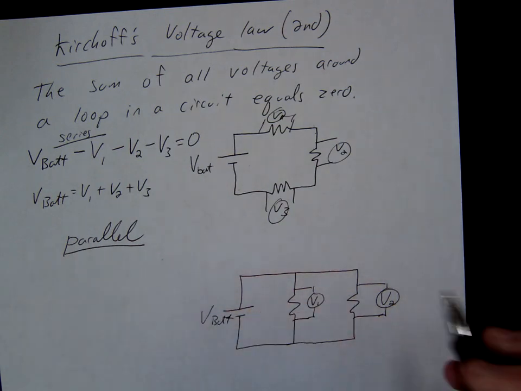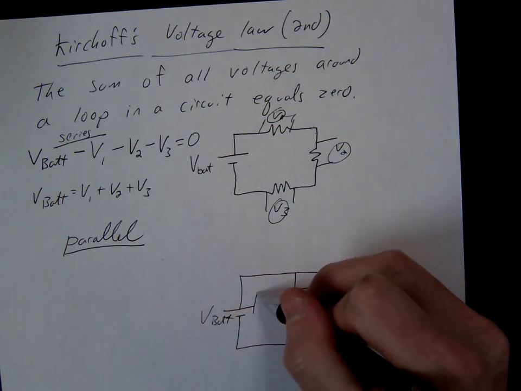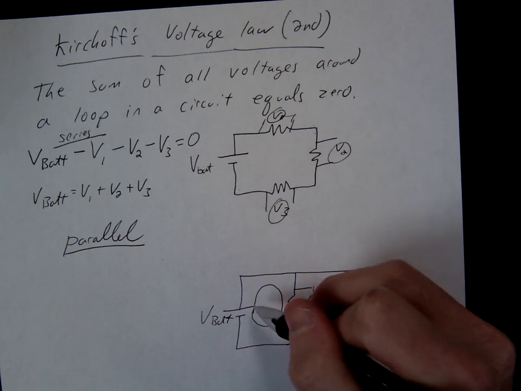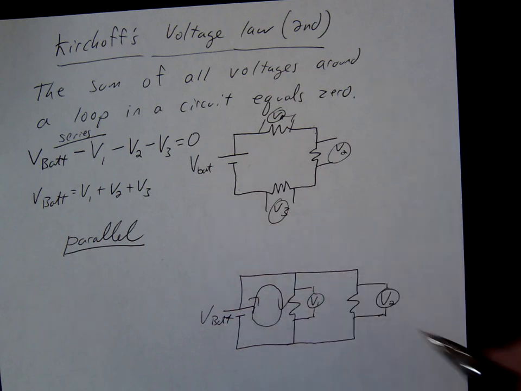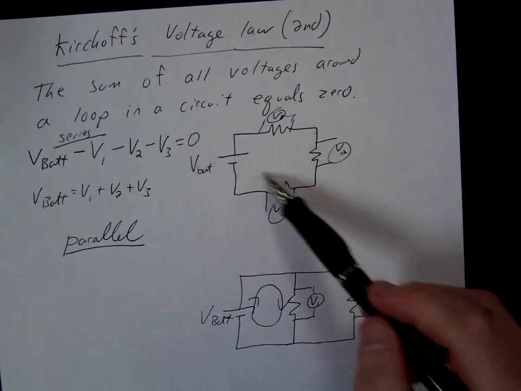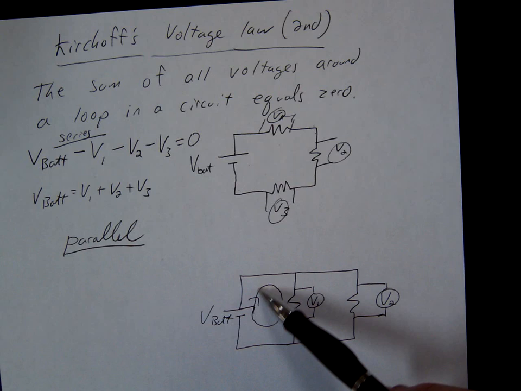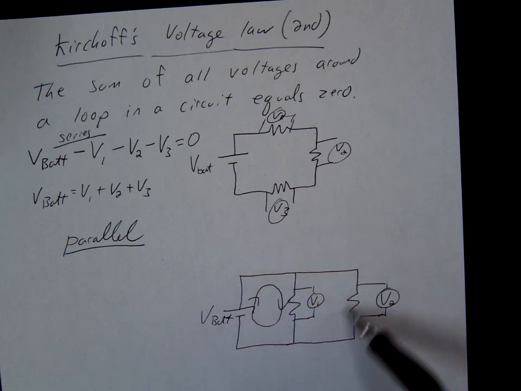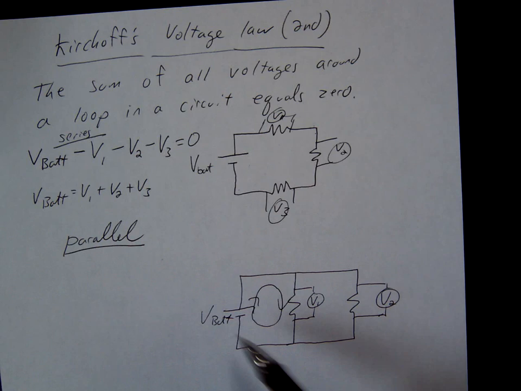What you would do is draw a loop, some loop. You could draw any loop. So we'll draw this loop. With the series circuit, it's easy because you only have one loop. In a parallel circuit, you could choose this loop, this loop, or this loop. You have several loops to choose from. Let's just choose this one.